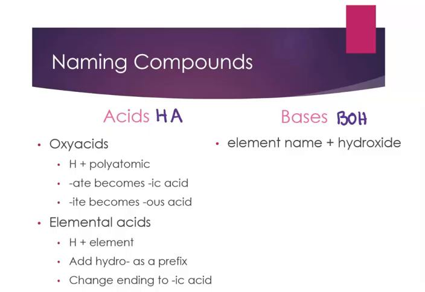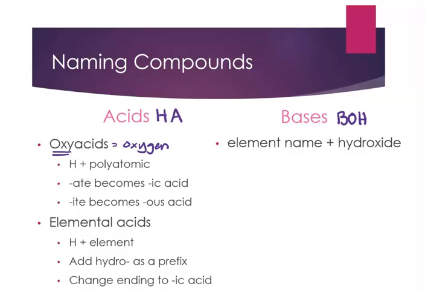All right, so under acids, we have two different types: oxyacids and elemental acids. Oxyacids contain oxygen. If we have an acid that contains oxygen, that means it is hydrogen along with a polyatomic ion. So we ignore the hydrogen part and just look at the polyatomic ion. We go to the back of our formula sheet and find the polyatomic.